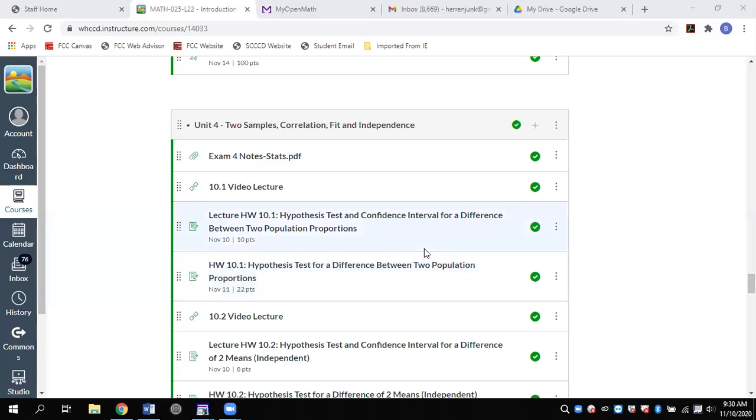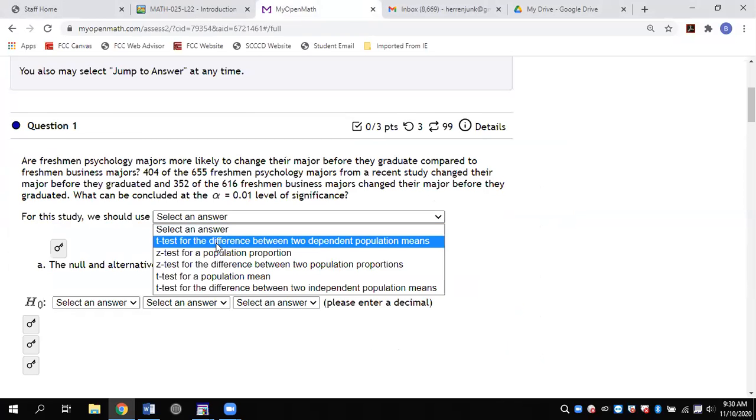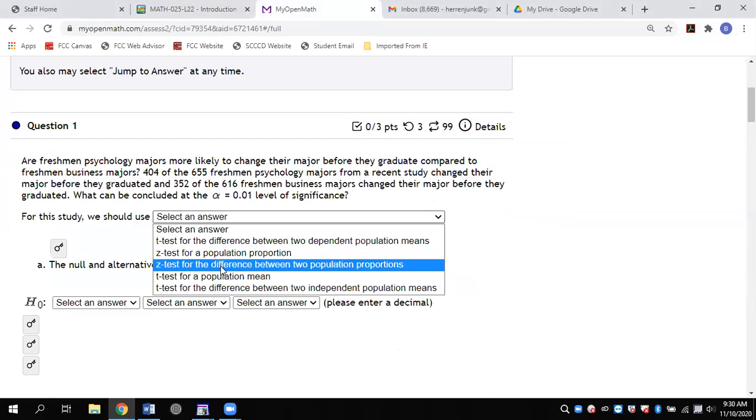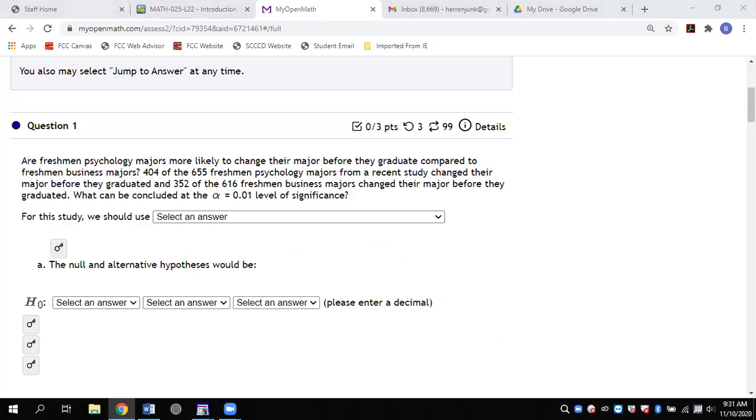It is 2 prop Z. Oh, just Z test for a difference between 2 population proportions. Okay, that's what we need right there. It's just a Z test for the difference. That's what we're trying to test. All right, we good there. Let's go back to the iPad screen here.